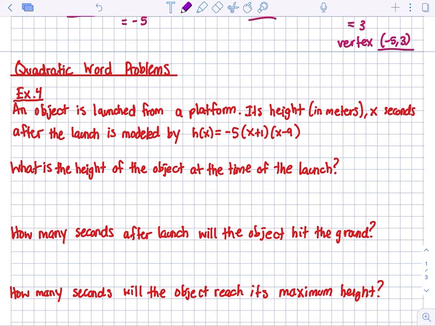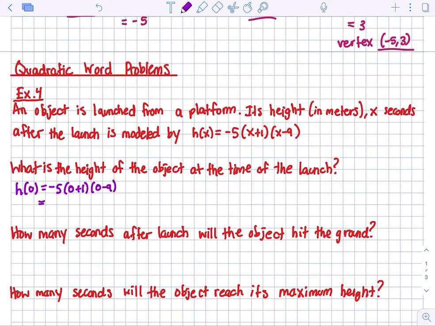So essentially, all you have to do is notice that at the time of the launch, that's at 0 seconds. So that means we need to substitute 0 in for our x's in order to find our height. So h of 0, because we're going to plug 0 into our equation, equals negative 5 times (0 plus 1) times (0 minus 9).